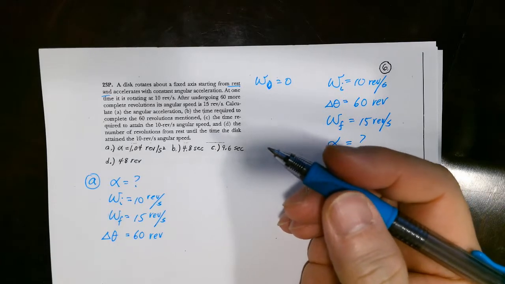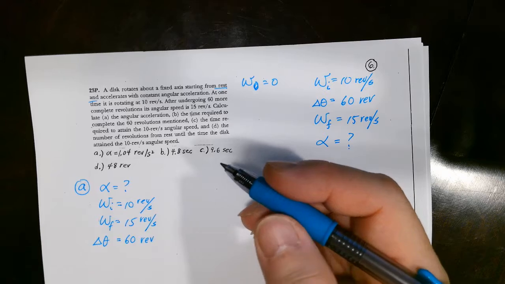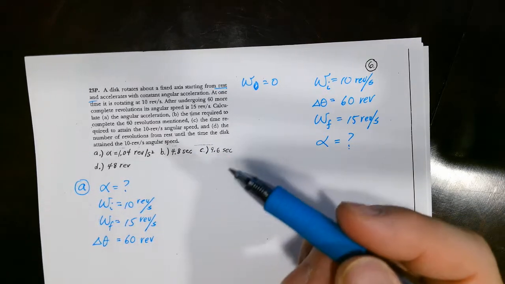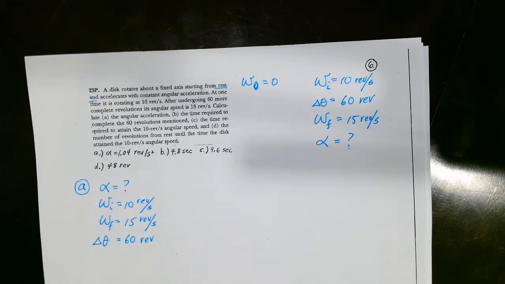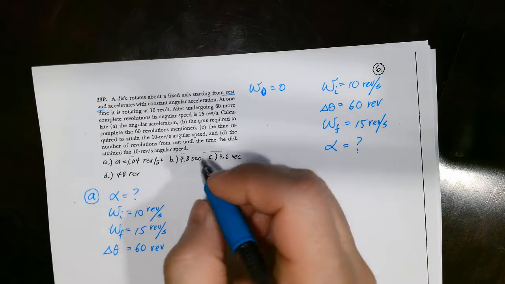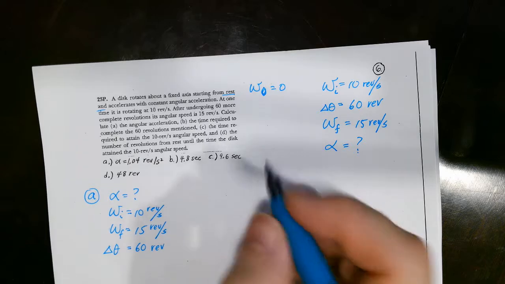If they're not consistent, we cannot use the revolutions. We have to change to either radians and radians per second, or revolutions and revolutions per second. It looks like we don't have time here. Therefore, it's probably a good idea to use equation number 2.